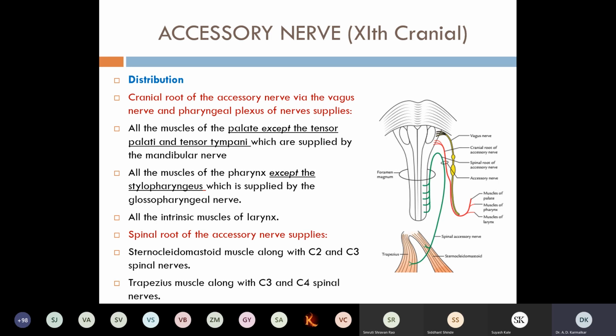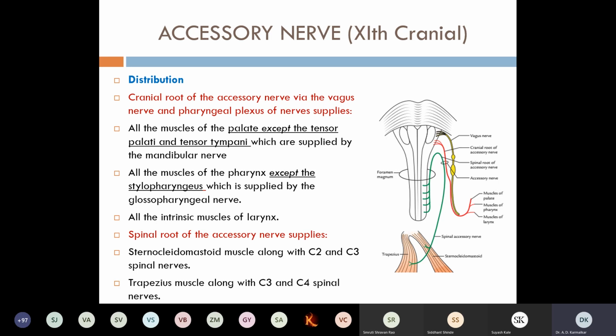Okay, the cranial root of the accessory nerve via the vagus nerve is going to form the pharyngeal plexus. Spinal root, we have already seen it. So through the pharyngeal plexus, it is going to supply the muscles of the palate, except tensor veli palatini and tensor tympani, which is supplied by the mandibular nerve.